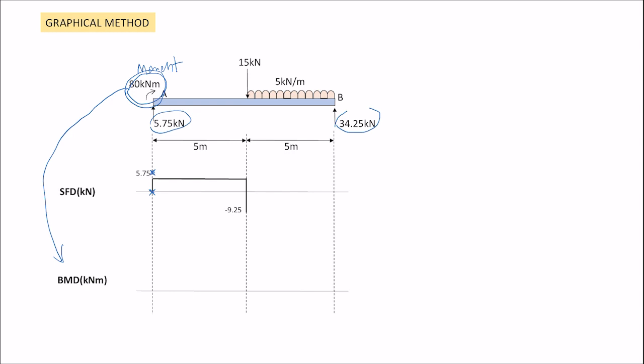Okay, point B, we want to know how much force is acting along that 5 meter. You know, I mentioned earlier, 5 kilonewton for every 1 meter. Now it is 5 meter. So 5 times 5, that is 25 kilonewton. So the total here is 25 kilonewton. So, negative 9.25 minus 25, you will get negative 34.25.